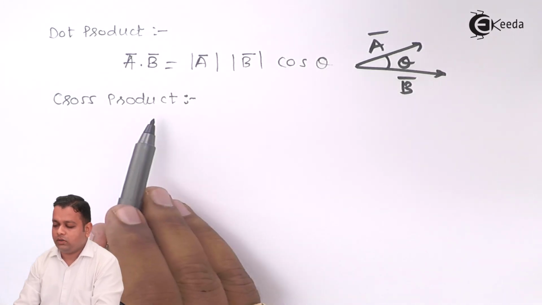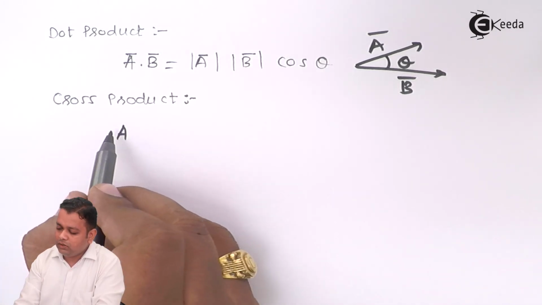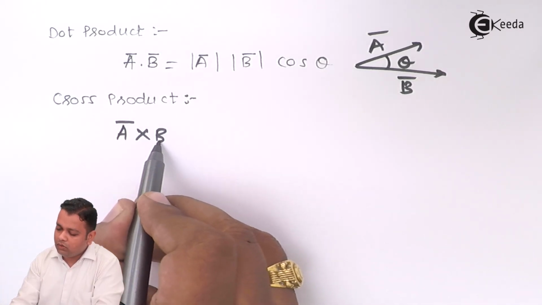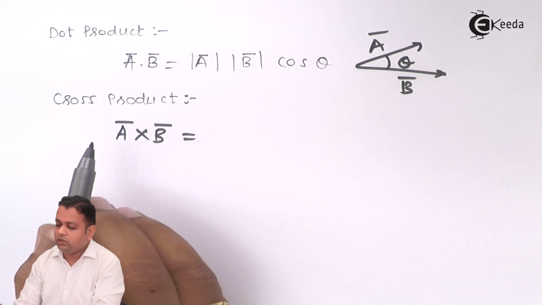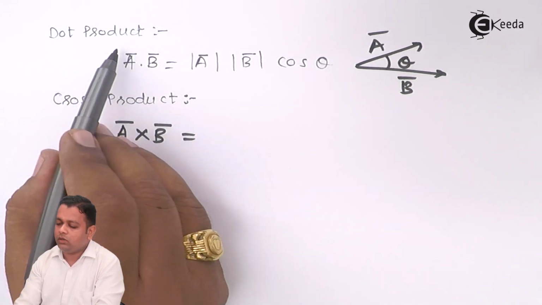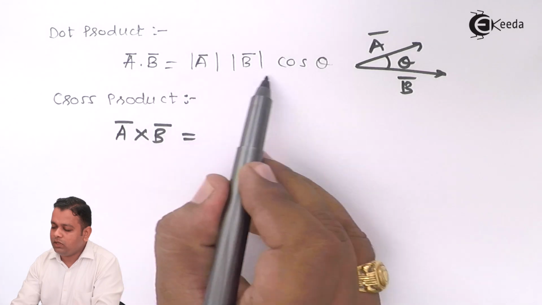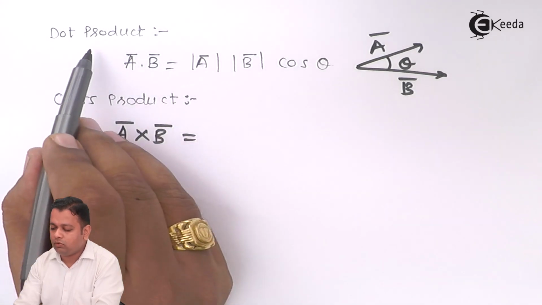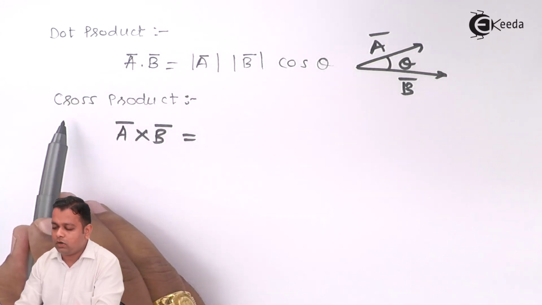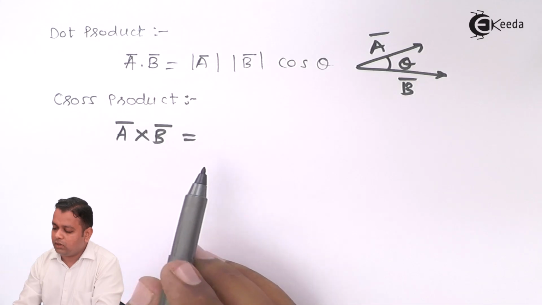Now cross product. The cross product is represented as a bar cross b bar. The outcome is a vector. For the dot product, the outcome has only magnitude, that is scalar, hence it is also called a scalar product, whereas for cross product the outcome is a vector.